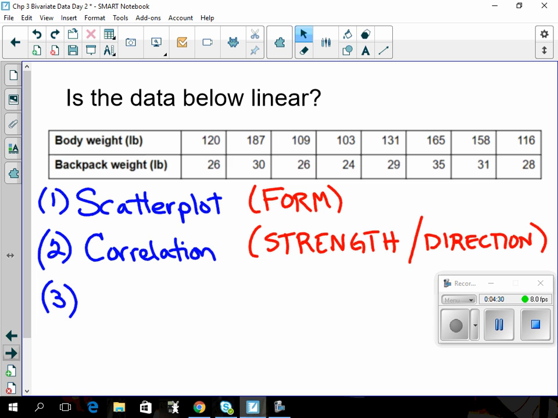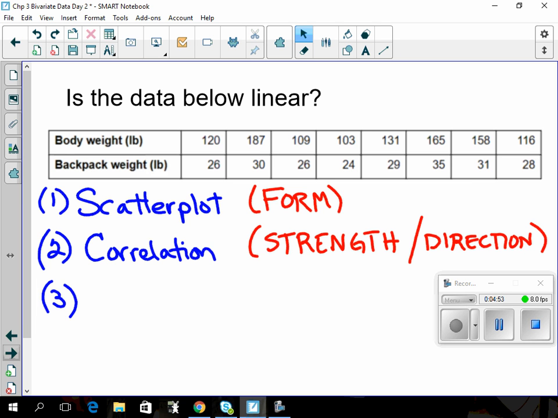All three of those words, if the question is asked, is the data linear, are important. You need to say the words. There is a positive, strong, positive linear relationship. Or there is a weak, negative linear relationship. So you need to have a word that addresses all three of those things. So strength would be strong or weak, right?